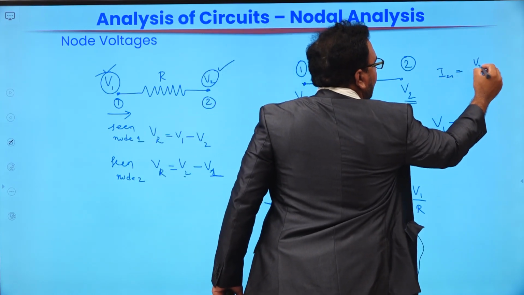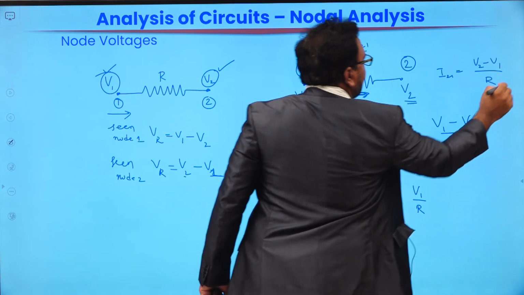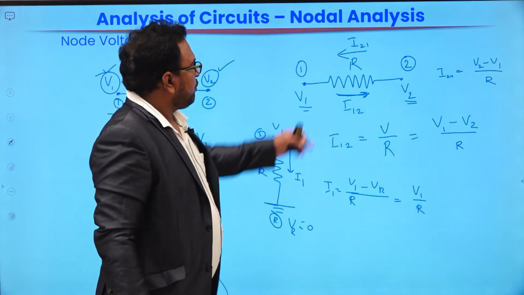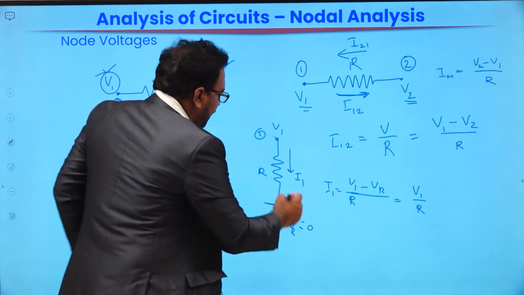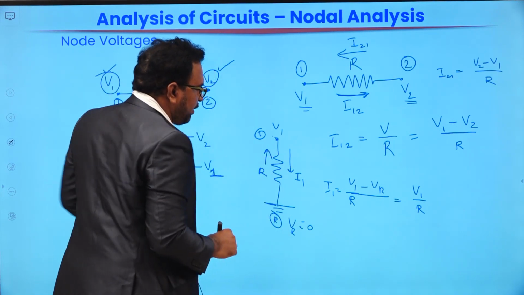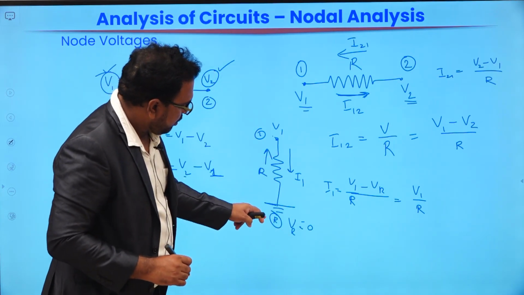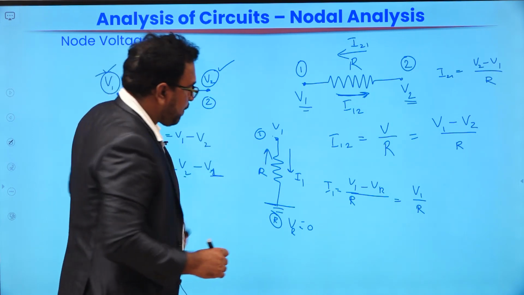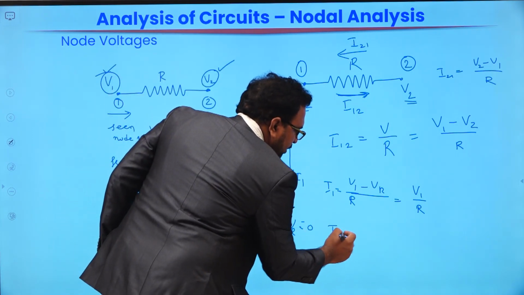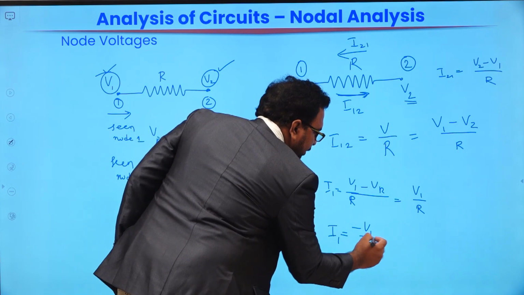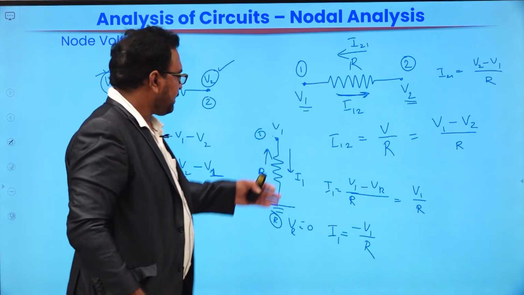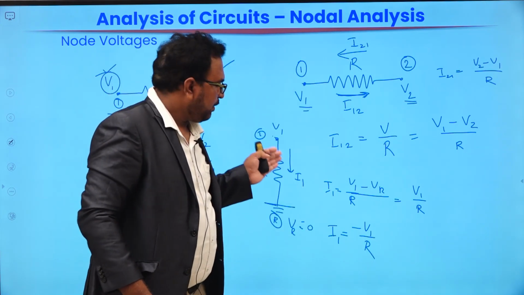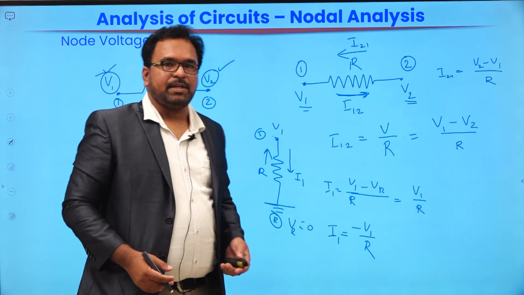I21 is (V2 minus V1) by R, the opposite direction. Similarly, for the current going from the ground node to the essential node, it is obviously minus V1 by R, because when you reverse the direction of current, that is indicated by a negative sign.